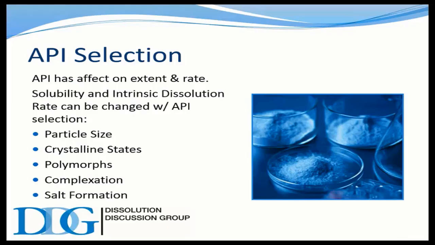API, again, we're talking about the selection. API has an effect on both rate and extent. Again, rate comes up when we deal with things like particle size and so forth. The crystalline versus amorphous state of a product has a huge impact, with crystalline forms, because of their high energy of bonding, being much more difficult to put into solution than something in more of an amorphous state.